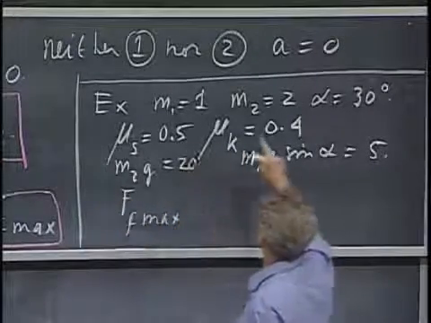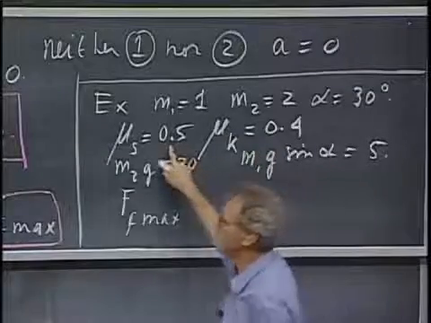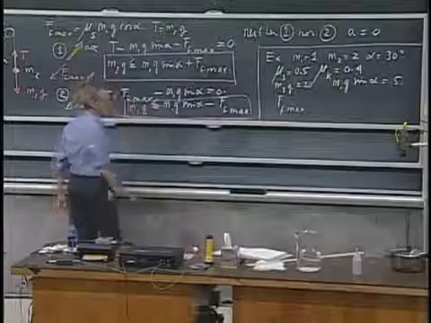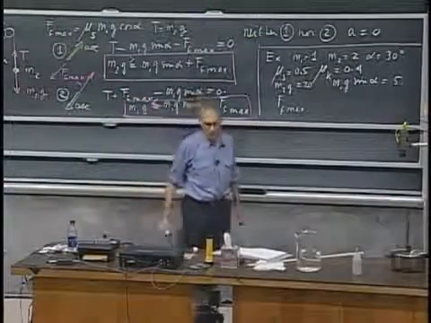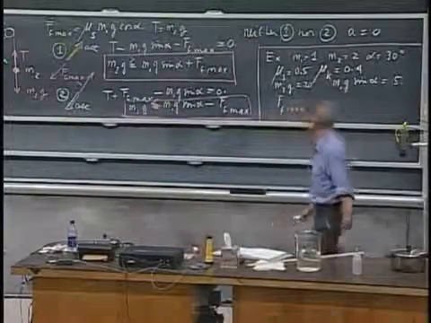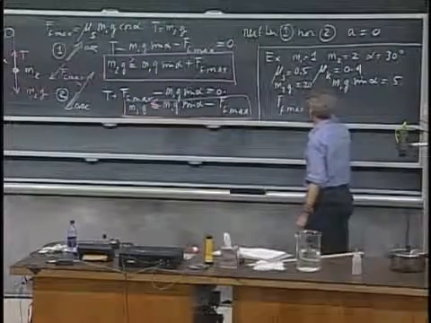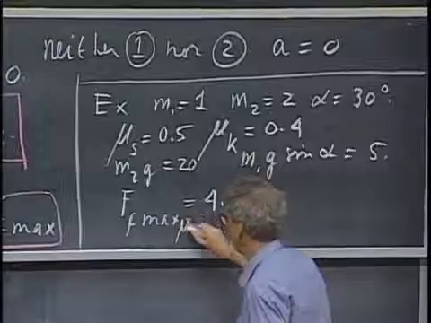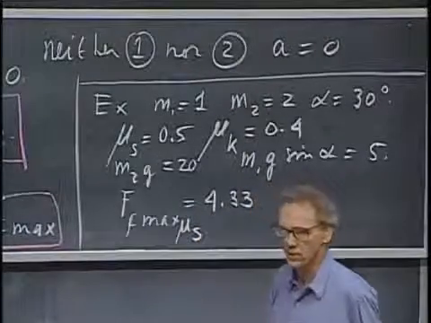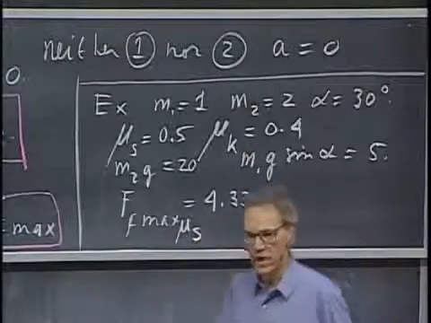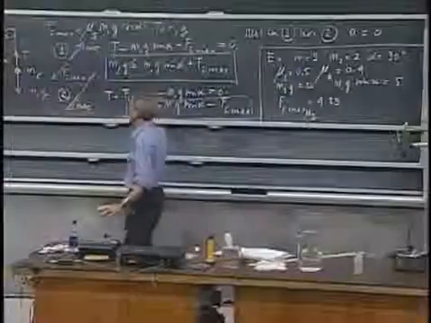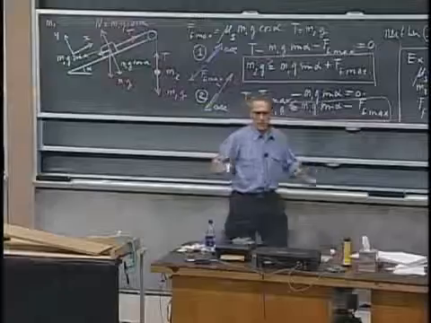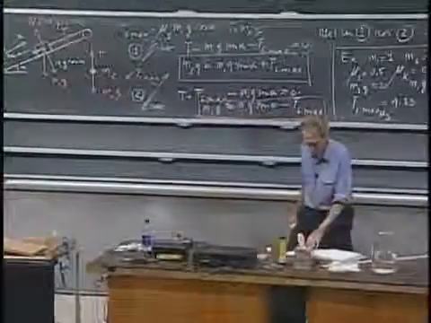I have to use for my friction coefficient 0.5. I have to use for m1g here a 10 and have the cosine of 30 degrees. And what I find, you have to take my word for it, is about 4.33. And I want to remind you, I have used the static friction coefficient. And this is in newtons. I never put a capital N for newtons because that is very confusing with the normal force. All my units are always in SI units. So the force is always in newtons.